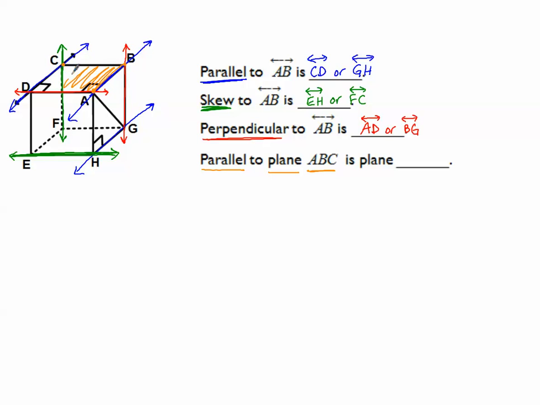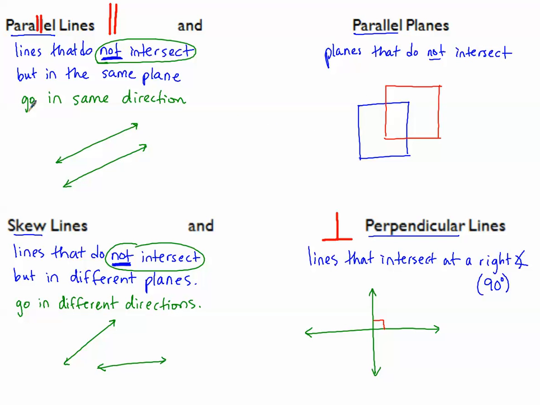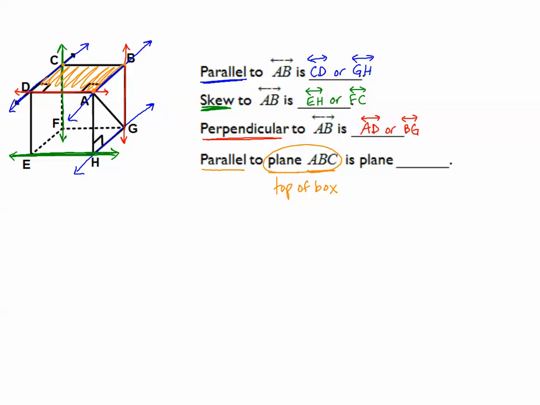So ABC is the top of the box. Parallel, not intersecting, going in the same direction is a good way to think of it. So what's parallel to that plane ABC? This plane at the bottom of the box. And remember, we can name a plane any three letters, such as E, F, G. Plane EFG is parallel to plane ABC.